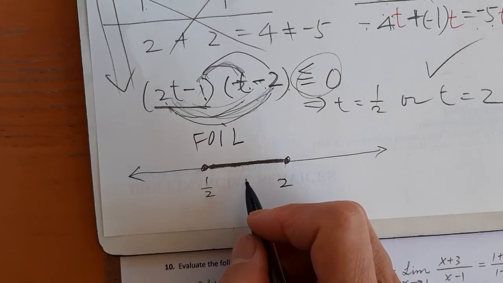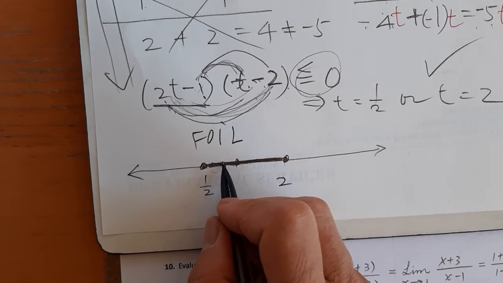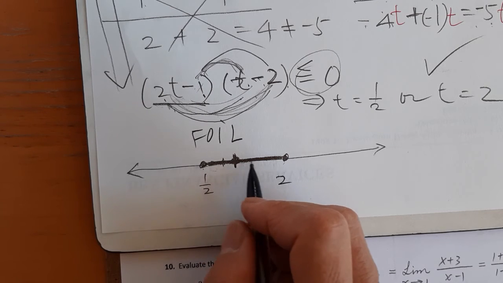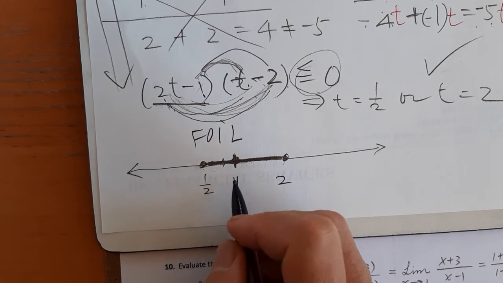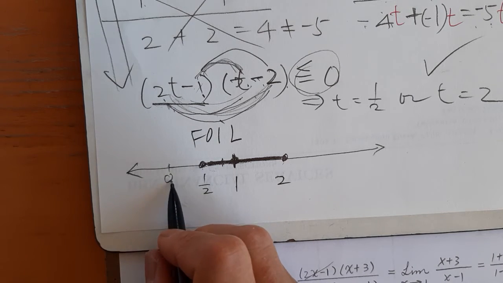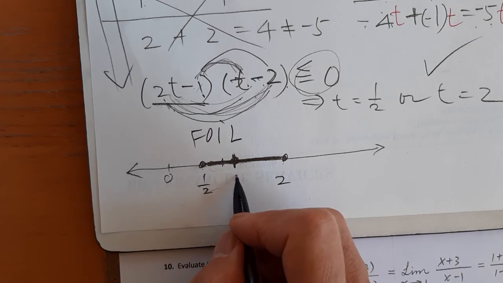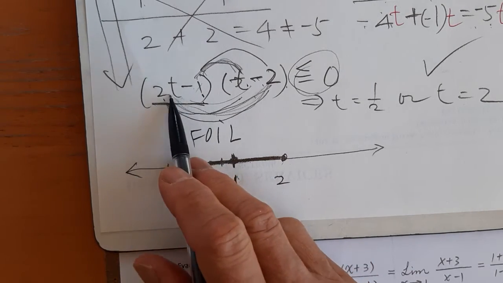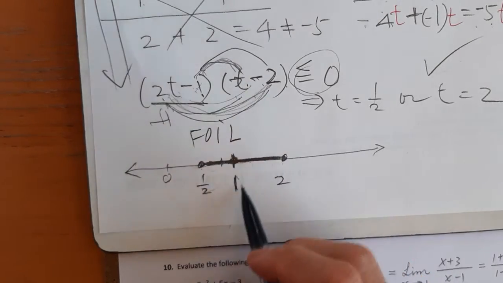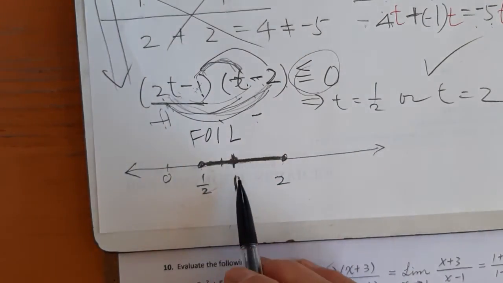Because any number between them, like here this 1/2, here it's 1, here it's 0, 0, 1, 2. So 1/2 and 1 is here. You plug it in. 2t minus 1 is 1, positive. 1 minus 2 plugged in is negative. Positive times negative is negative, less than 0.